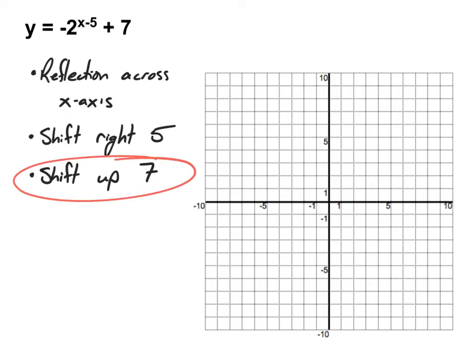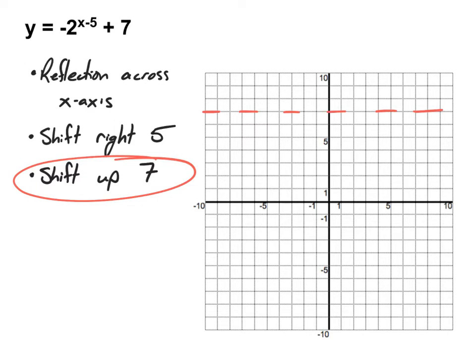That's where we want to start. And so since the whole graph is shifted up 7, the asymptote is also going to be up 7. And so I'm going to go ahead and draw in the asymptote first. Now that I have that drawn in, I don't need to worry about the shift up 7 anymore because the dotted line is my reference. I can see it there.